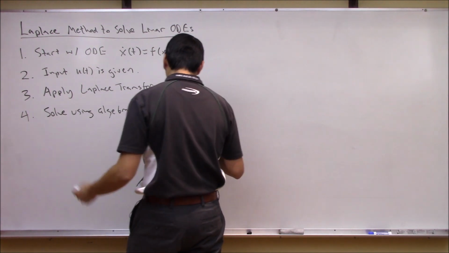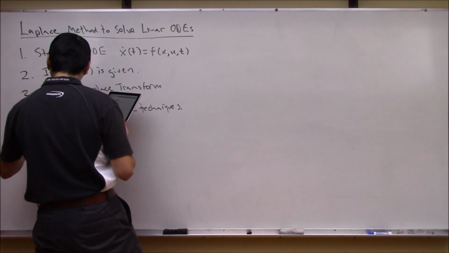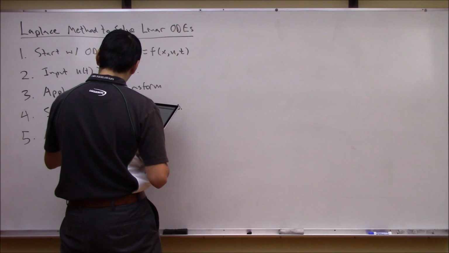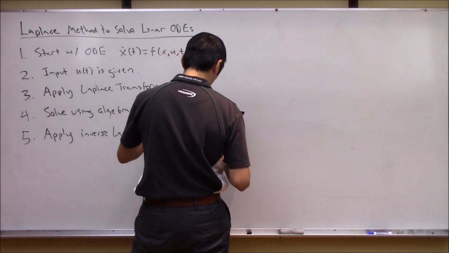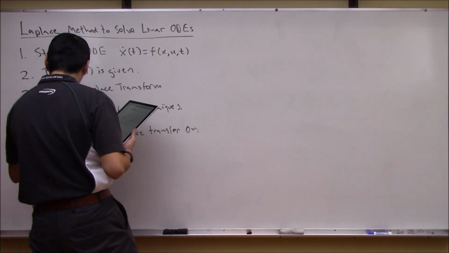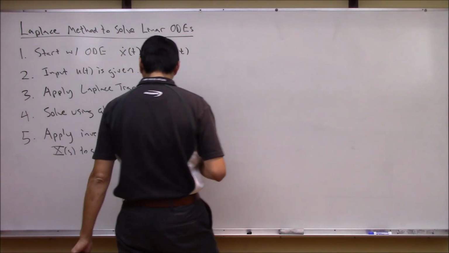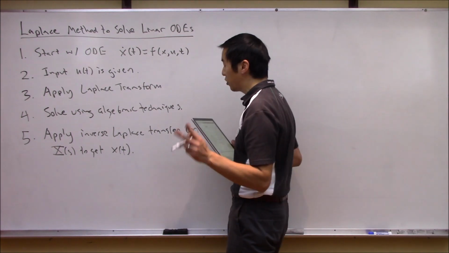And then finally, the last step of the process, which we just discussed, is you're going to apply the inverse Laplace transform on x of s, to get what you're really looking for, which is the signal of interest in the time domain.